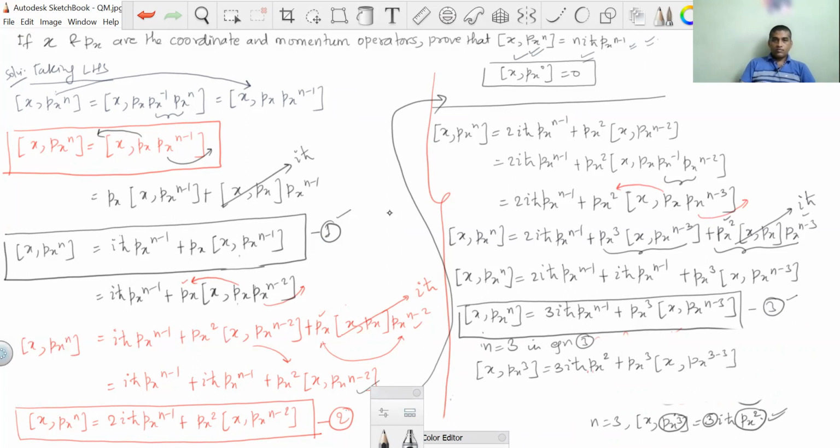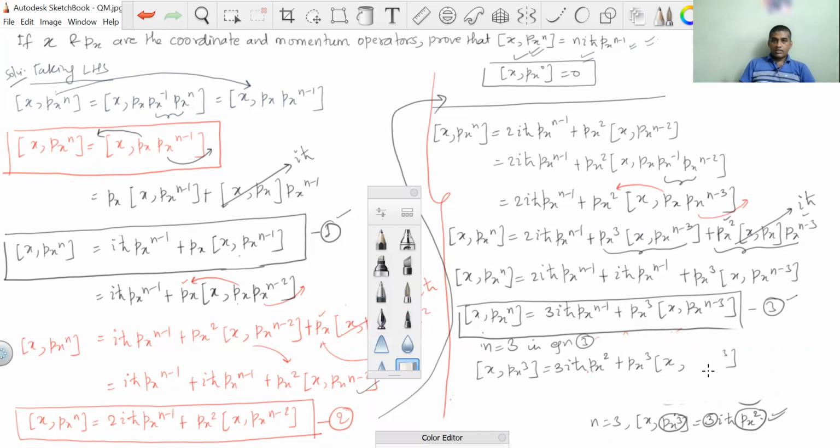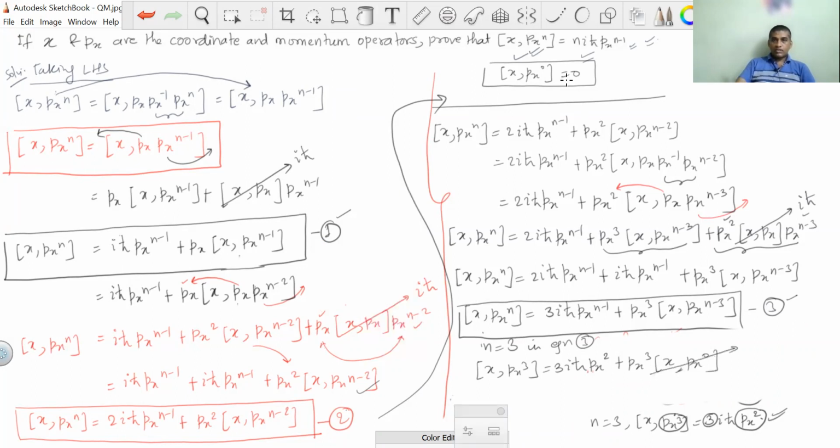So this is px power 0, and this commutator relation is 0. Its value is 0. So we can write the commutator of x, px power 3 equals 3 I h bar px power 2.